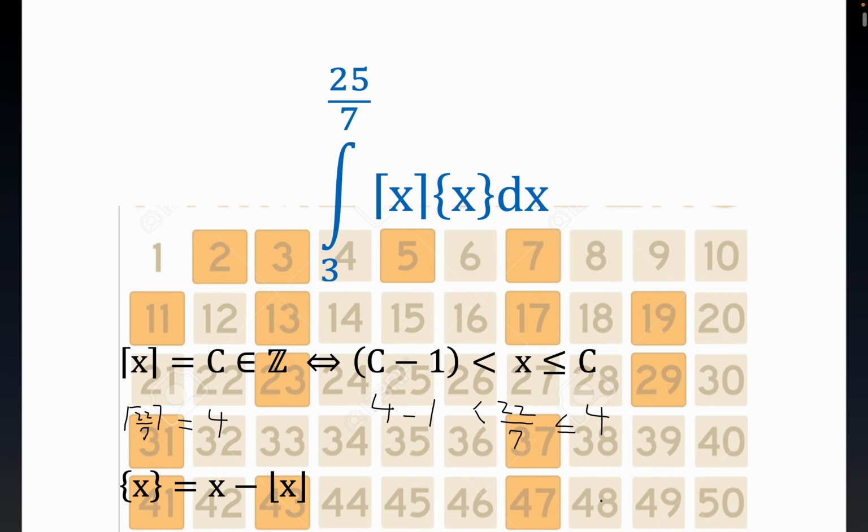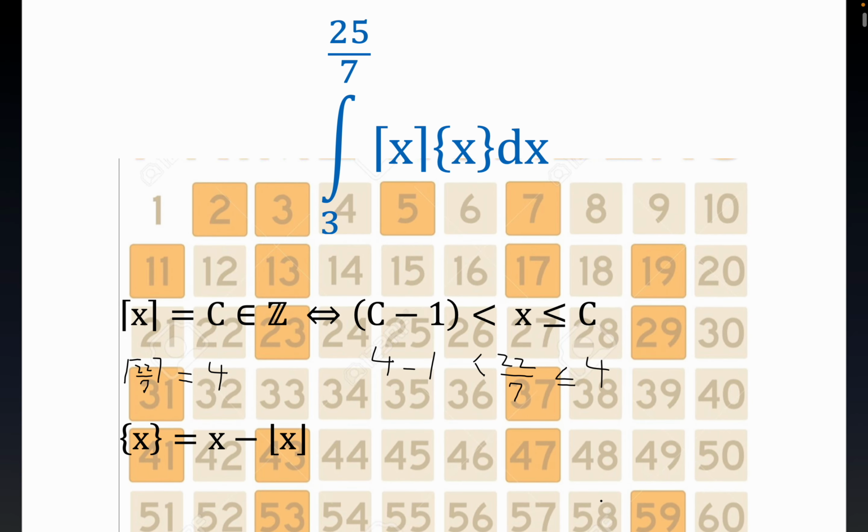And the fractional part function is very natural too. Let's do the same thing with the fractional part. They could just as easily call this the proper fractional part, since a proper fraction is a number strictly between 0 and 1. So let's do 22 over 7.